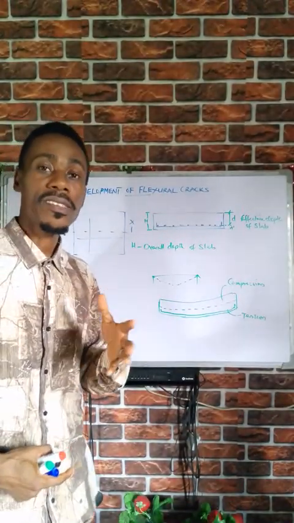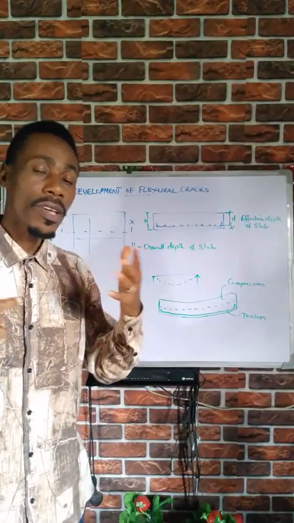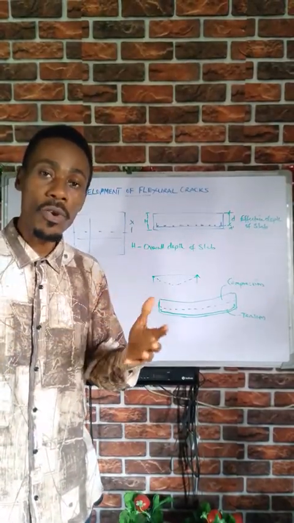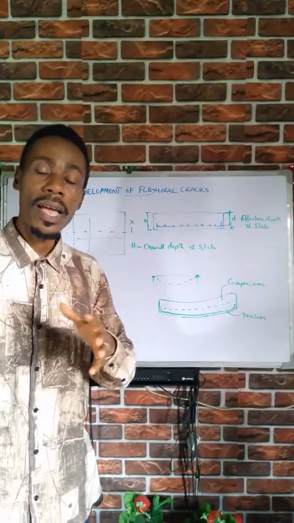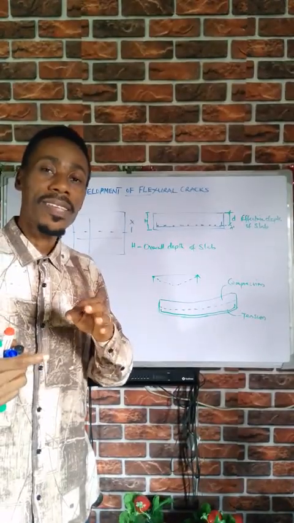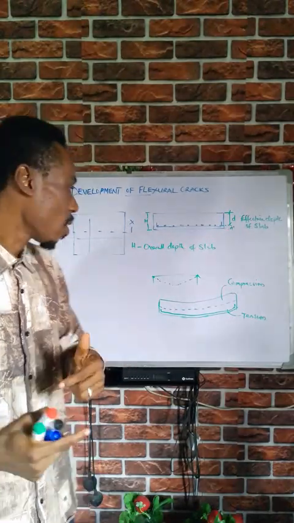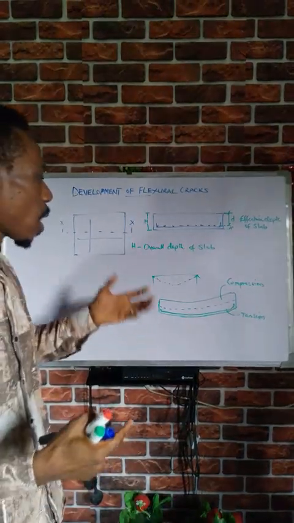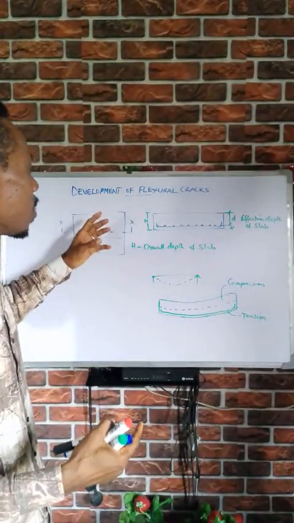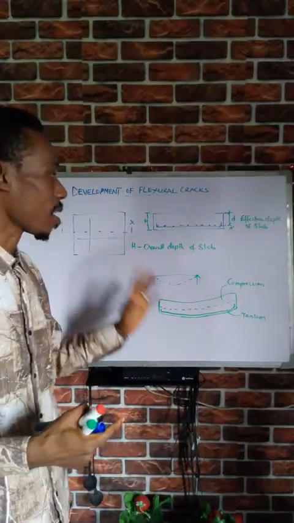That is why you see some slabs with cracks all over. Such a slab has developed a structural defect, so I deem it necessary to bring this up so that we can understand crack formation in our slabs.